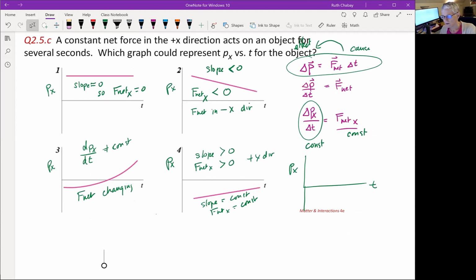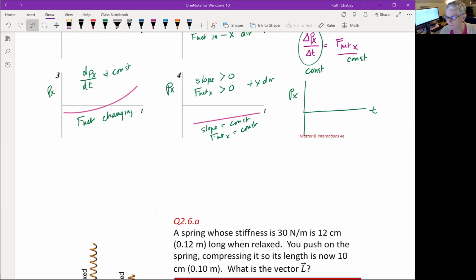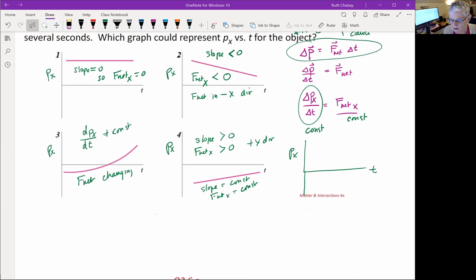Now, Seth asks about acceleration. Remember that the definition of acceleration is the rate of change of velocity versus time. And so acceleration in the x direction would mean the rate of change of vx versus time. And this is going to be directly proportional.